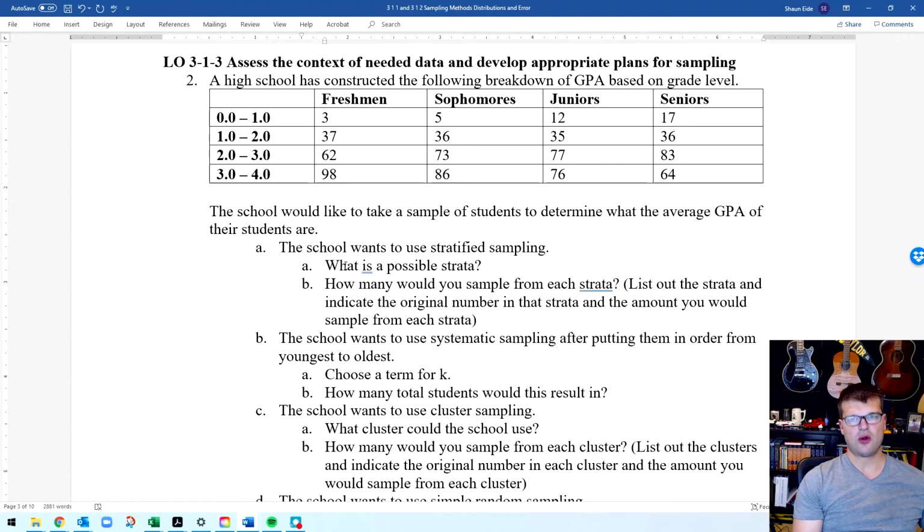And so there's only one way that you can break up this data in a way that would be considered stratified. And then how many would you sample from each strata? Okay, so list out the strata and then indicate how many you think that you would sample from each strata based on the relative frequency of observations within that strata.